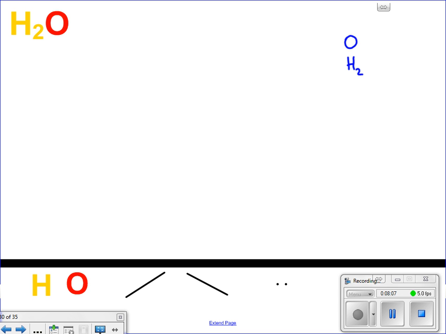For oxygen, if you look on the periodic chart, the column that the element is in tells you how many valence electrons you have. Since oxygen is in column 6 or 16, depending on your periodic chart, we would have a total of 6 valence electrons. Hydrogen is in column 1, so it has only 1 valence electron, and since we have 2 hydrogens, we will have 2 total valence electrons.